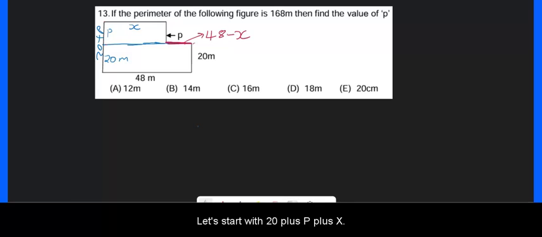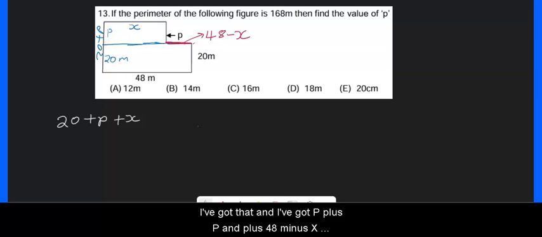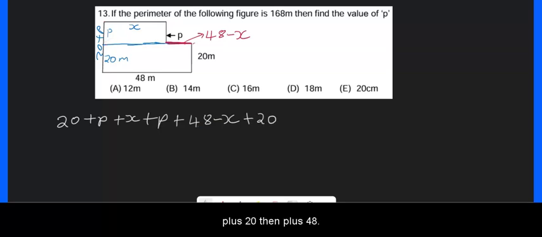Let's start with 20 plus P plus X. Okay, 20 plus P. Now I'm adding this side, I'm going this side, and I've got that, and I've got P plus P and plus 48 minus X plus 20, then plus 48. All this must give us 168.